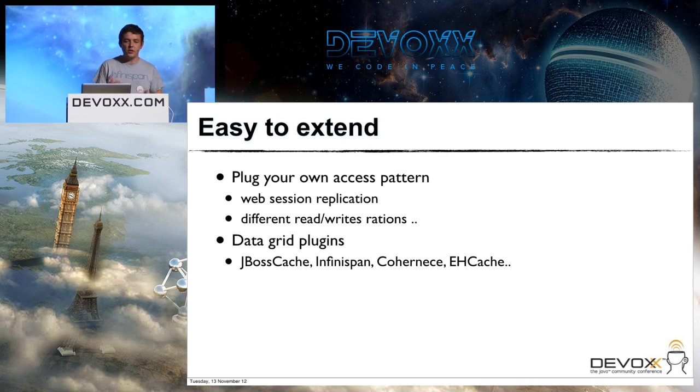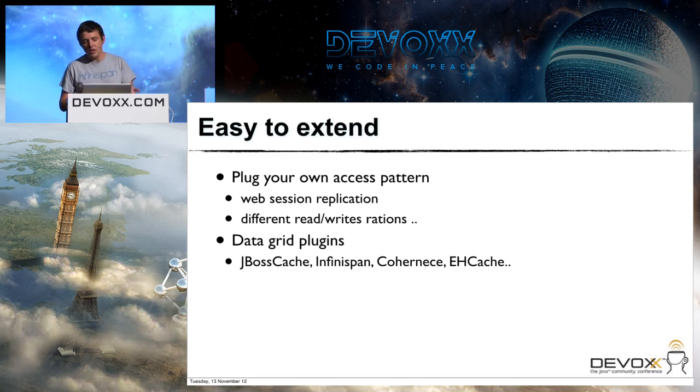And that's really good if you want to write a proof of concept, just to see whether the grid will give the performance I need from it. Also, when it comes to extending it, right now we support a set of data grid implementations, but we made it in such a way that you can add implementations for other data grids.